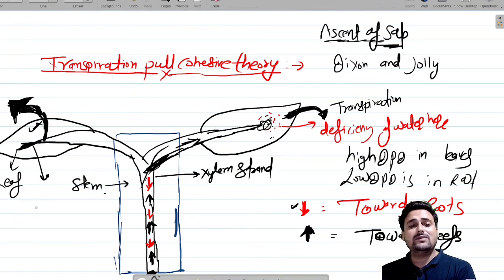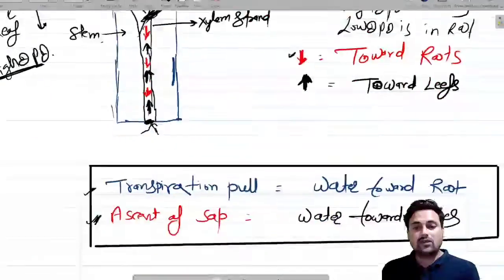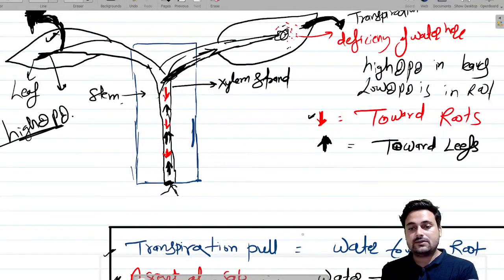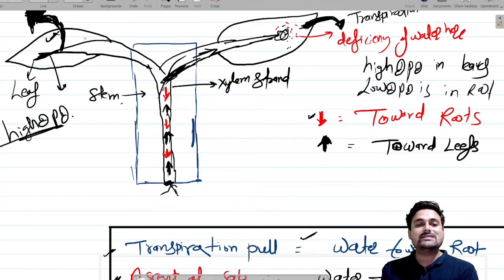again this space will have a deficiency of water, and this will create a high DPD pressure, and high DPD pressure will bring transpiration pull. As I have written down here, transpiration pull is water towards roots, and ascent of sap is water towards leaves.